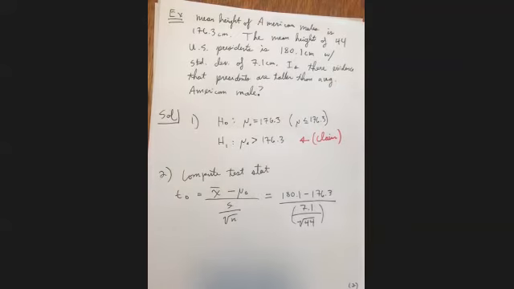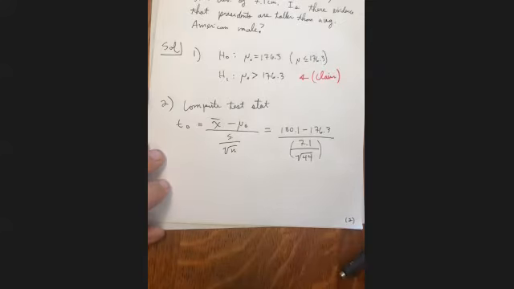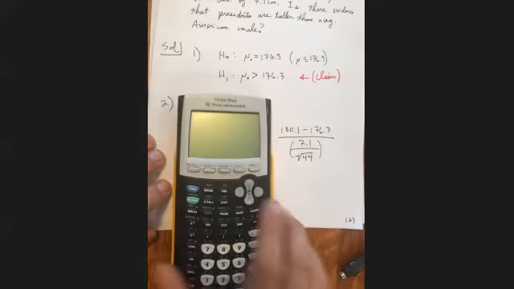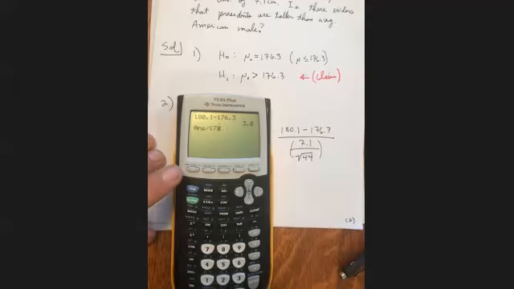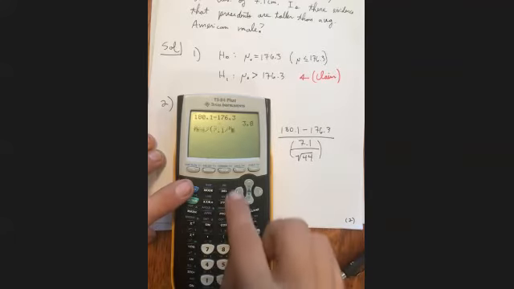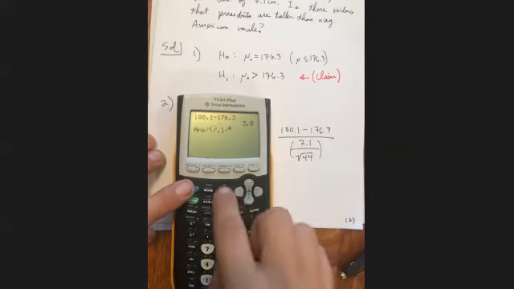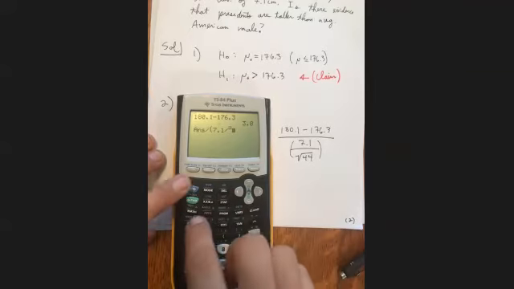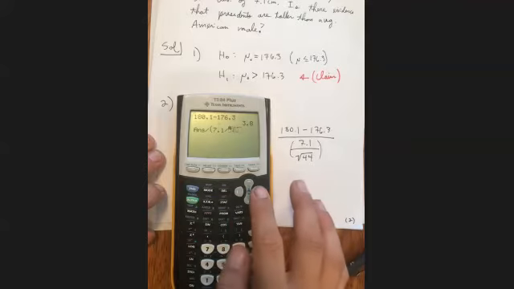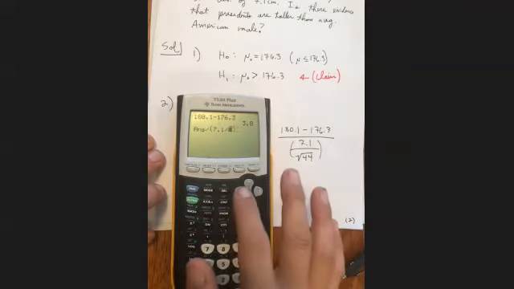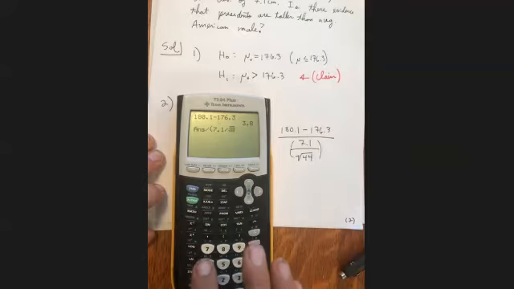Okay, so that's how we compute our test statistic. We punch all that into the calculator: 180.1 minus 176.3, and then divide that by quantity 7.1 divided by the square root of 44.